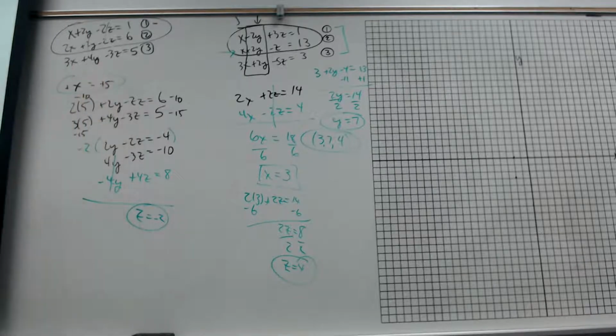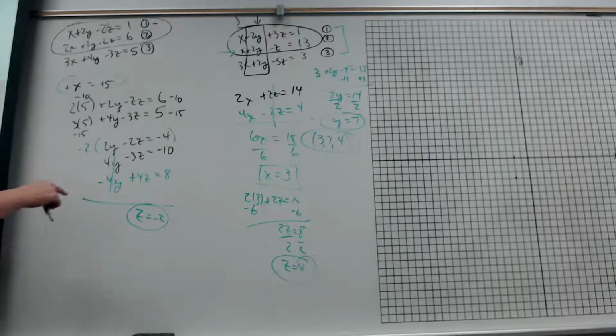All right, and then what? Let's see, plug the z into. You could probably just do any of the equations, right? You could do either these two or any of those up there. Okay, then let's just go with the top one.